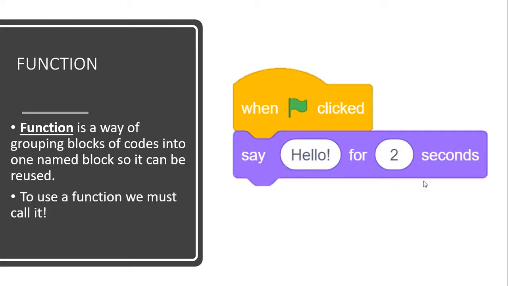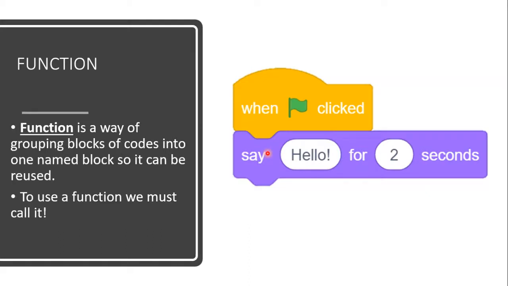But now when we use a function, it helps us to give that specific instruction using just one name or one block, while we know at the back of that block what task our block is performing.